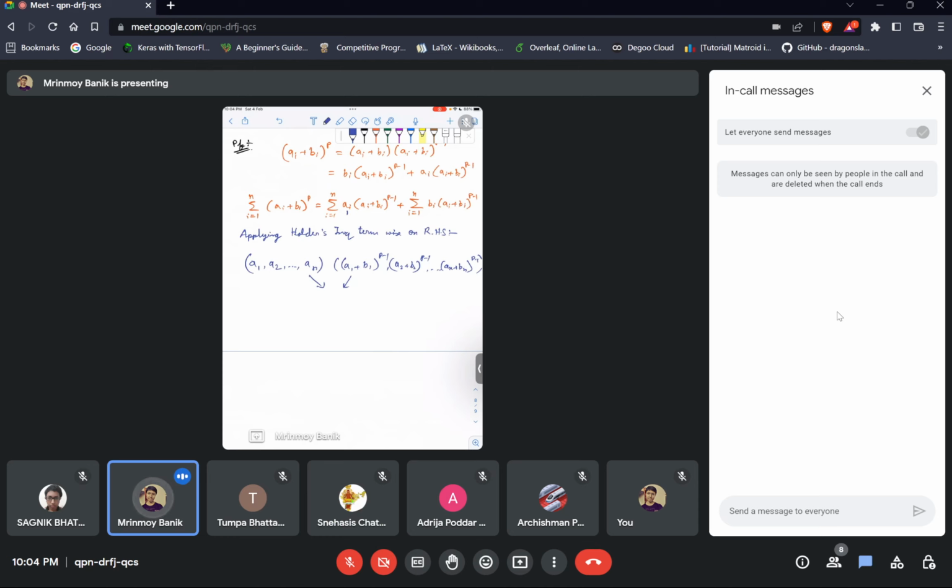And Holder's inequality says the dot product, which is the first term on the right-hand side, is less than or equal to the Lp norm. By the way, we can take p equals p and q equals... no, sorry, we have to take q equals p by p minus 1.